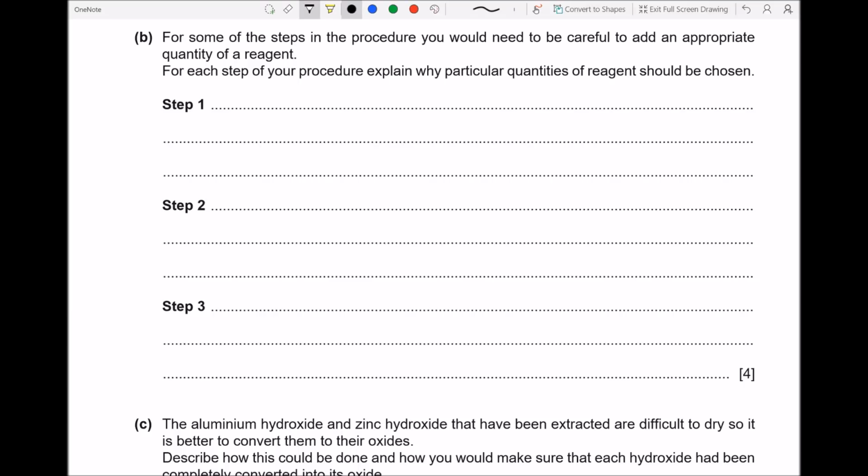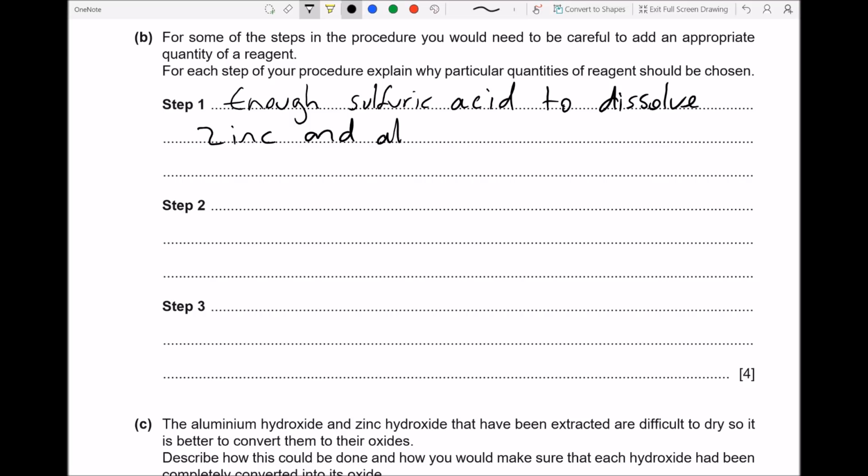So just need to put enough sulfuric acid to dissolve zinc and aluminium. Okay, so we just needed to add enough just to do that, really.